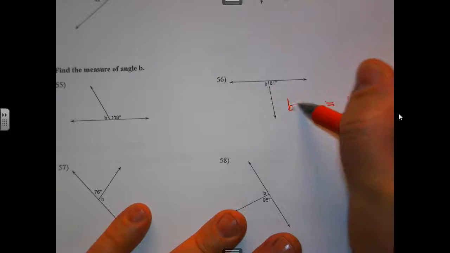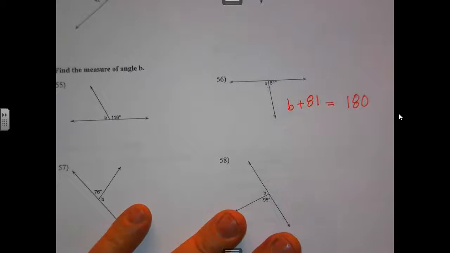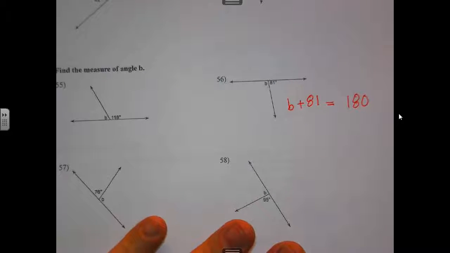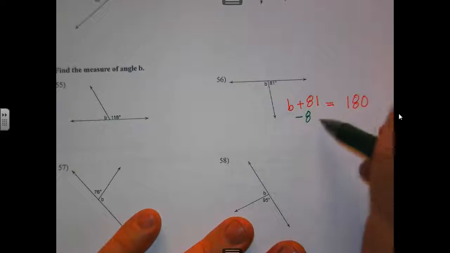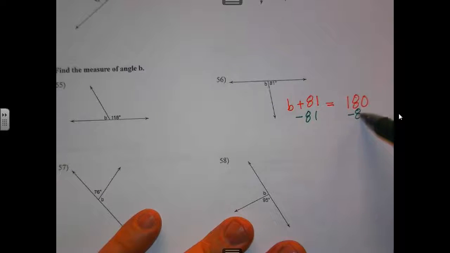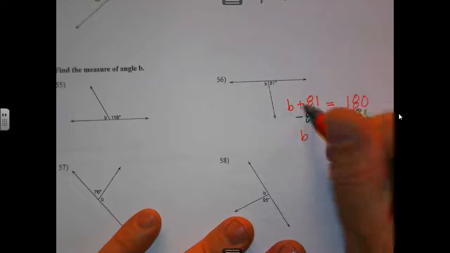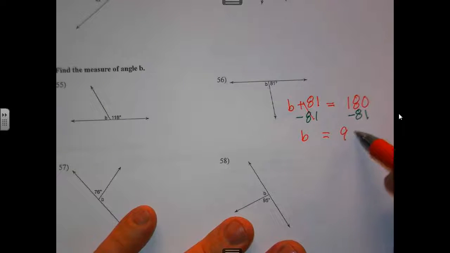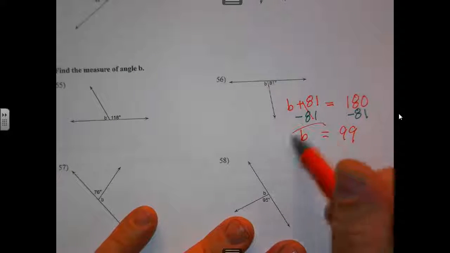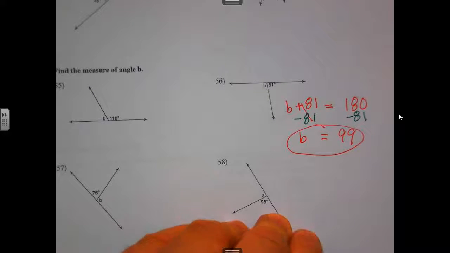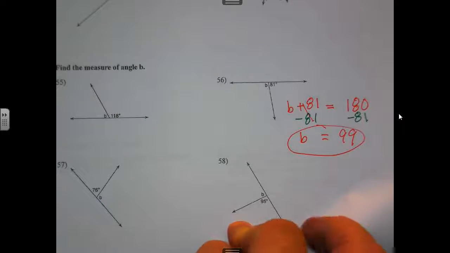So b plus 81 equals 180. Just subtract 81 from both sides. So b is going to equal 99. Supplementary angles equal 180.